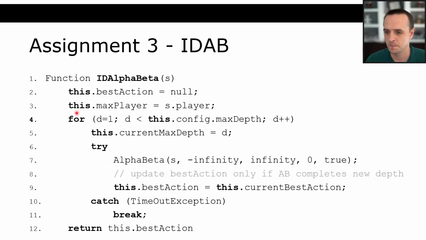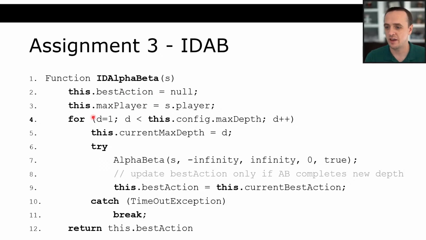Probably we won't. So I'm going to say, okay, I currently don't know what the best action is, so I'm going to set that to null. And the maximizing player is the player that's currently to move in the state. So if I have a game of chess and the black player is going to move, then the person who's maximizing is the person controlling the black pieces.